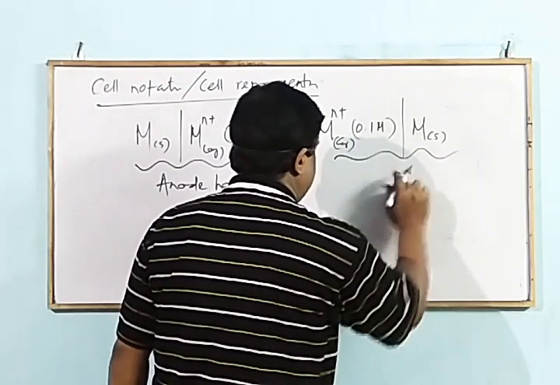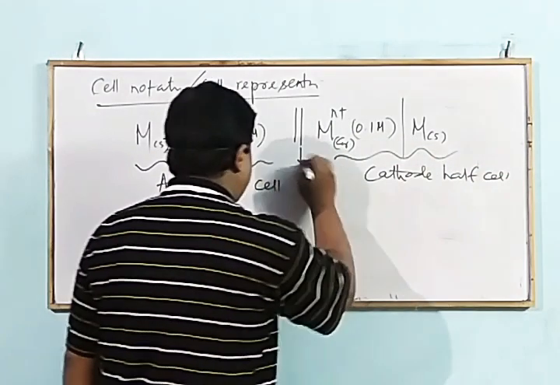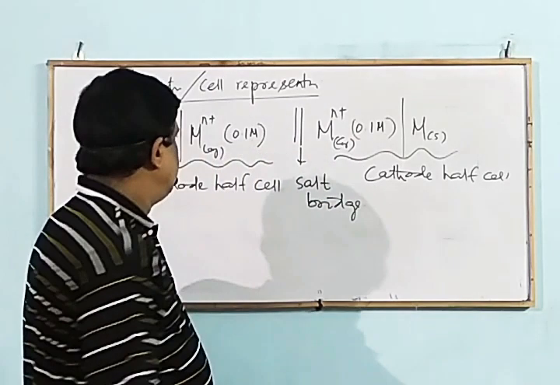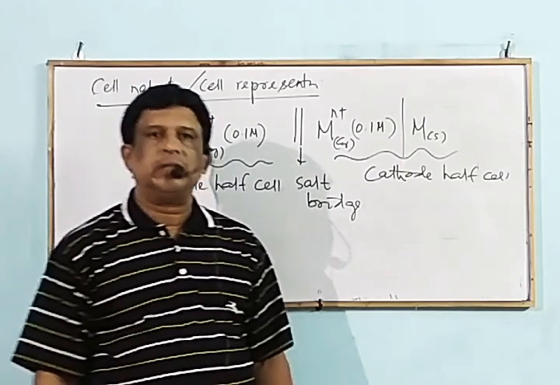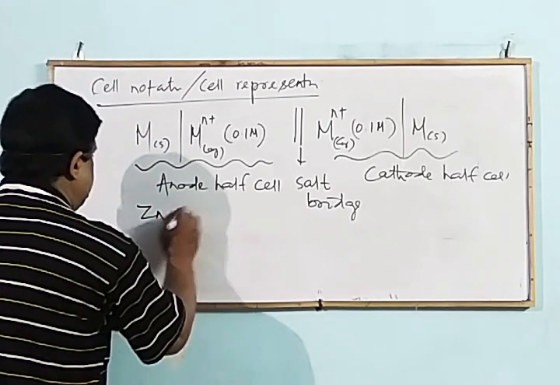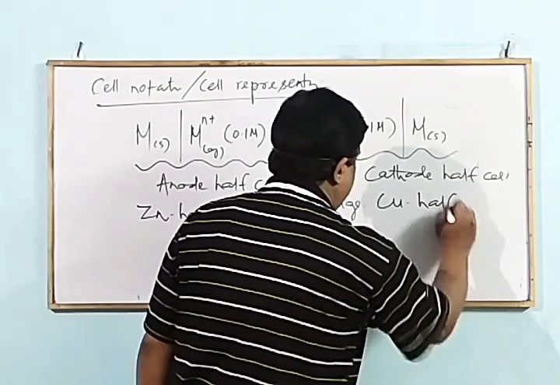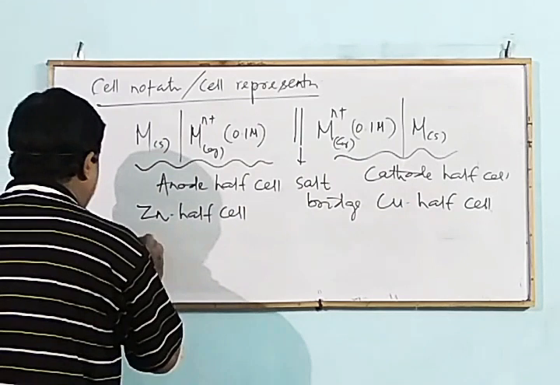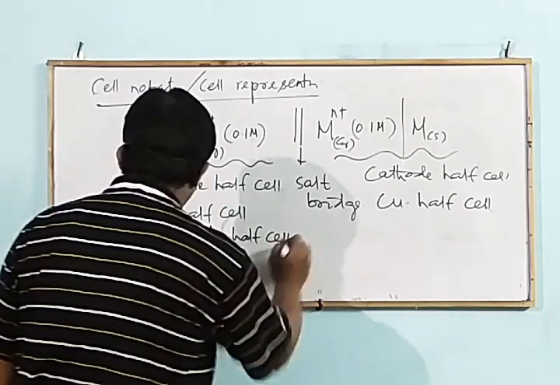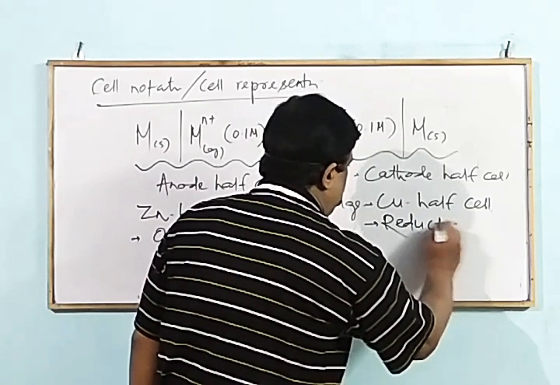This is known as the cathode half cell, and this is known as the salt bridge. Just now we discussed anode is zinc and cathode is copper. Otherwise it is also known as the zinc half cell and the copper half cell. As oxidation takes place here, it is the oxidation half cell. As reduction takes place here, it is known as the reduction half cell.